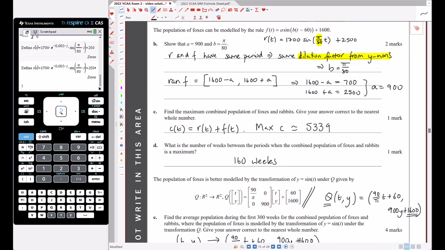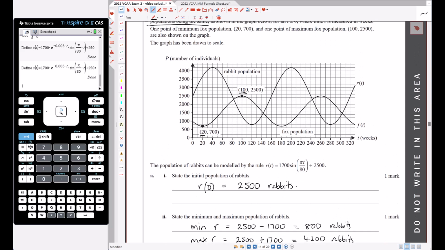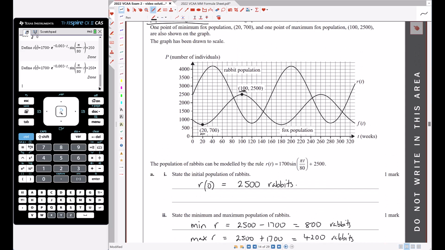So let's go back to what we learned about rabbit population. Alright, so we know that the period for rabbits is 160. Okay, so that's the end of the period there. Sorry, I didn't mean to change pen colour. So 1,600 is the average. 160 is the end of the period. 80 will be halfway along the period, which will still be at that average value.